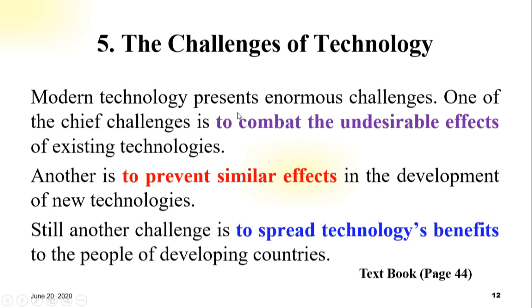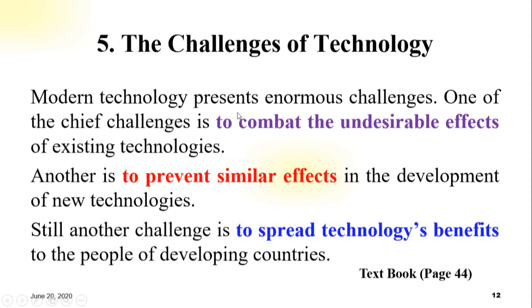some of technology's undesirable effects are extremely hard to remedy. Again, to combat the undesirable effects means some of technology's undesirable effects are extremely hard to remedy. One more point, to prevent similar effects.